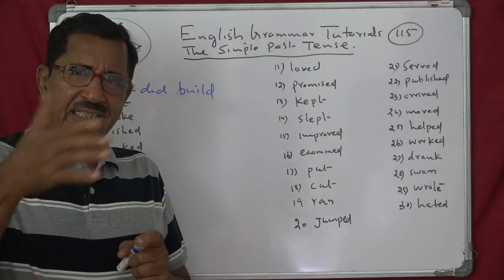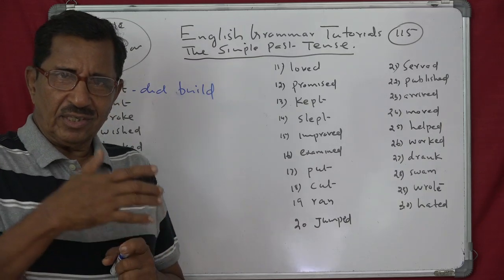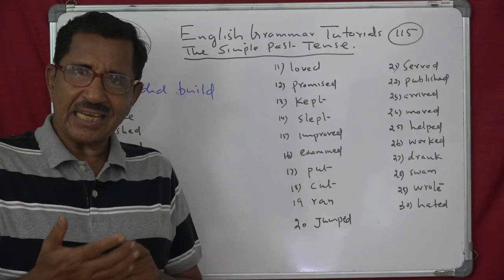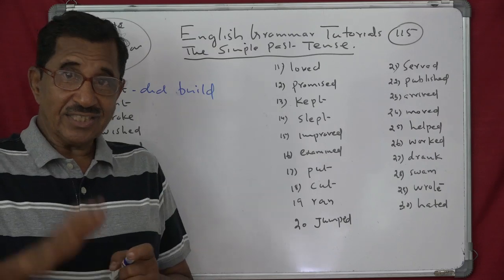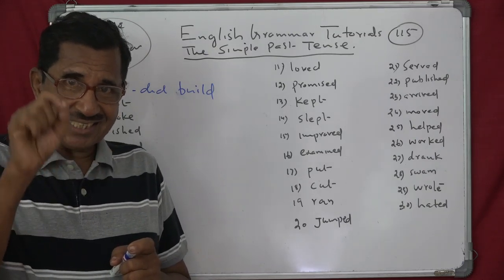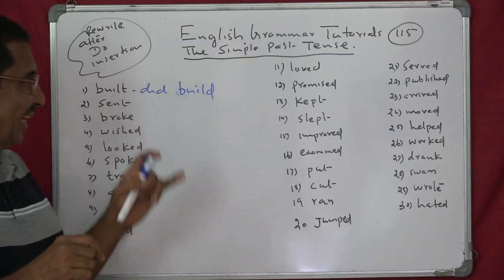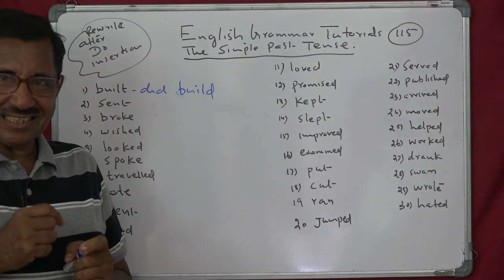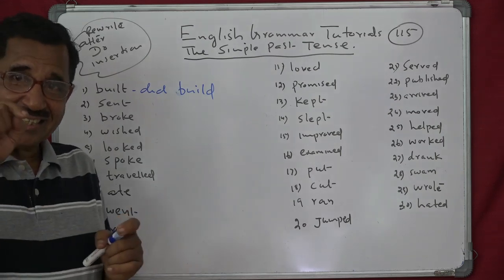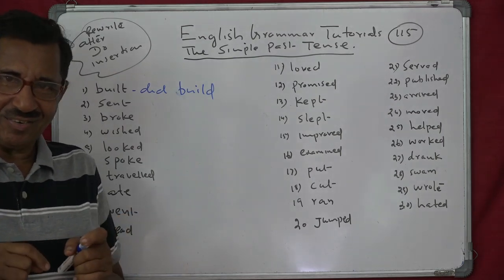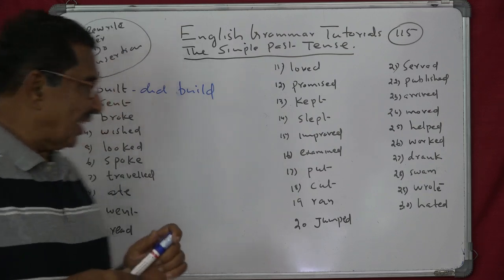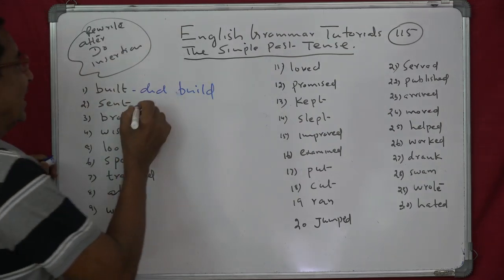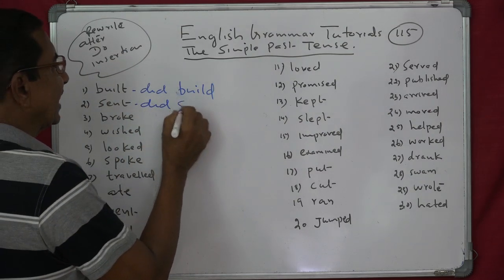Did takes the tense, so what remains there is tenseless. Not senseless, but tenseless. If you write did built, then that is senseless. Understand? The other is tenseless. I think it is clear to you, isn't it? Then we have sent, did send.